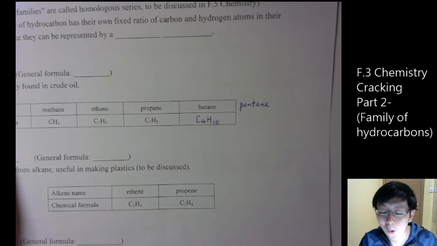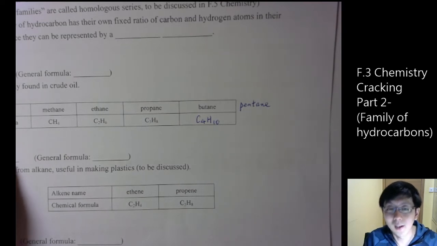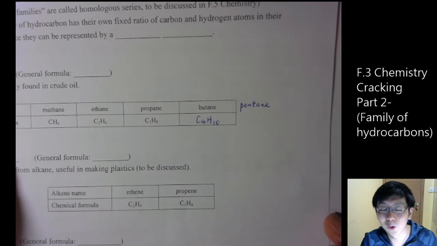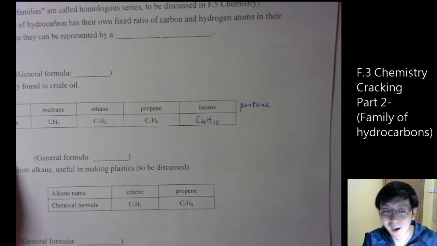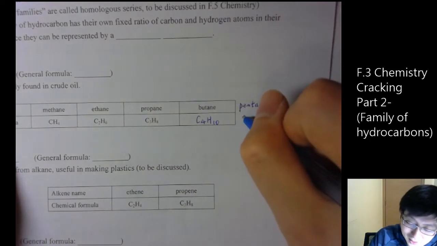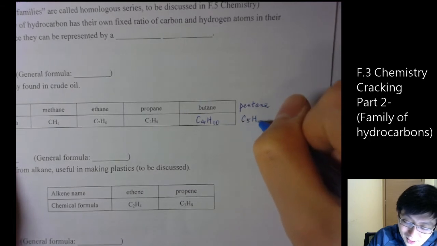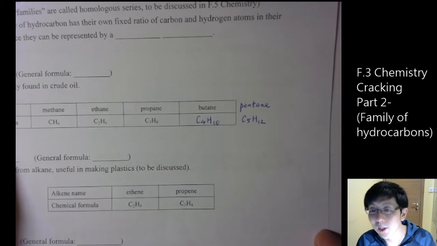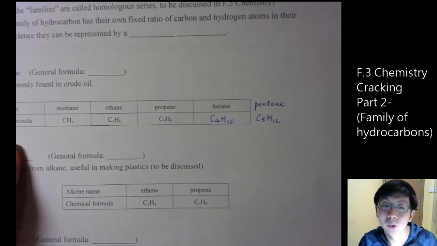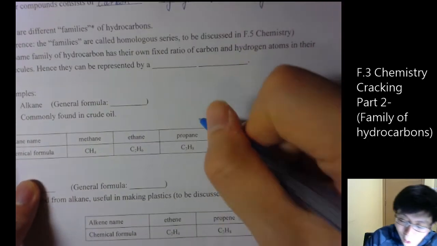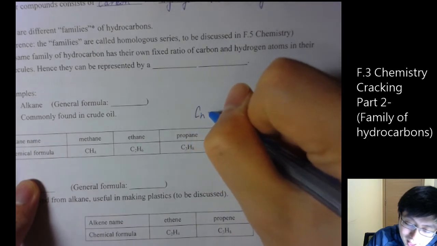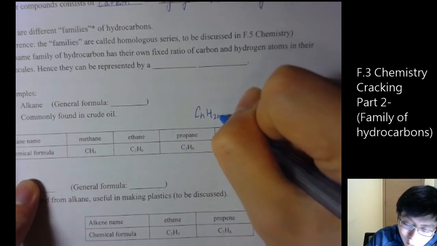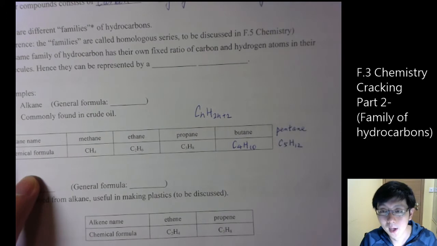It is a question that was already asked before 2020, in an exam. This is C5H12, pentane. So you know this, why we have worked out the general formula. You know that the pattern is CnH2n plus 2.